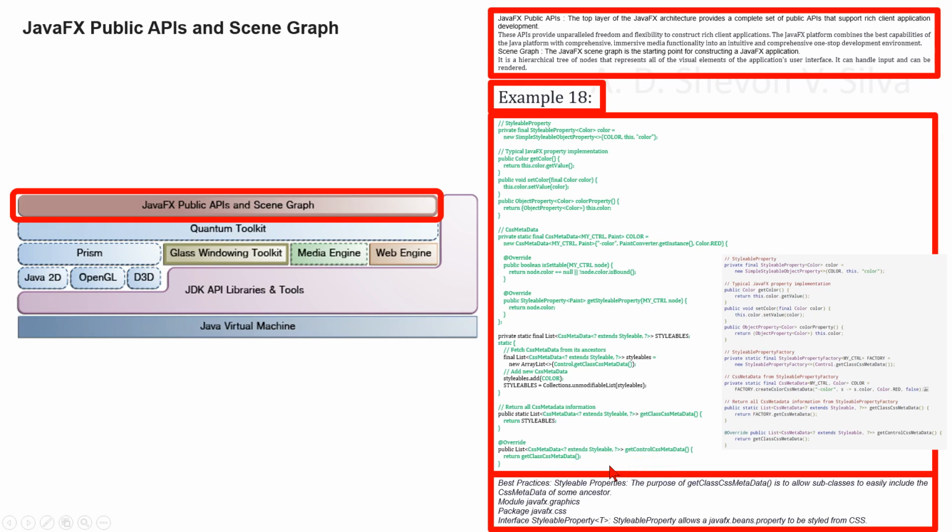By convention, the control classes that have CSS metadata will implement the static method get class CSS metadata, and it is customary to have get control CSS metadata simply return get class CSS metadata.